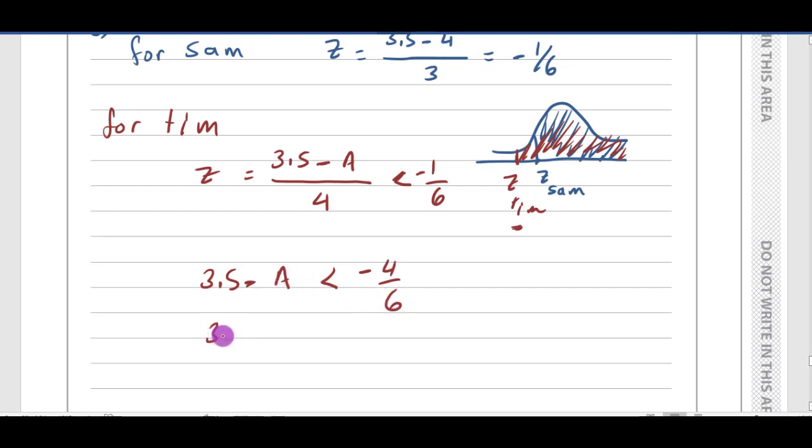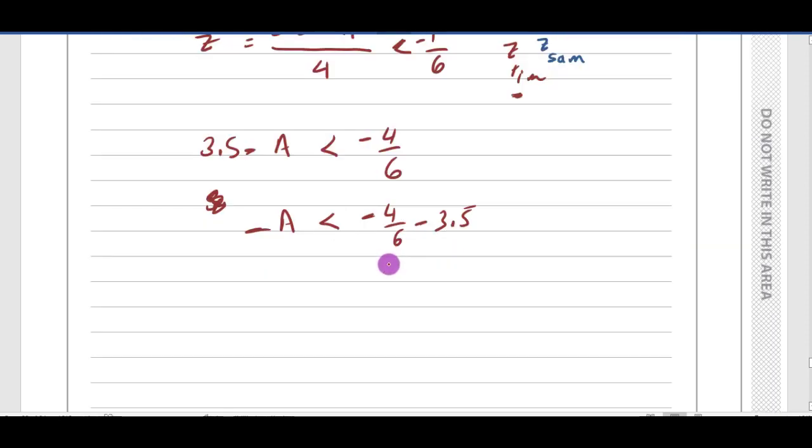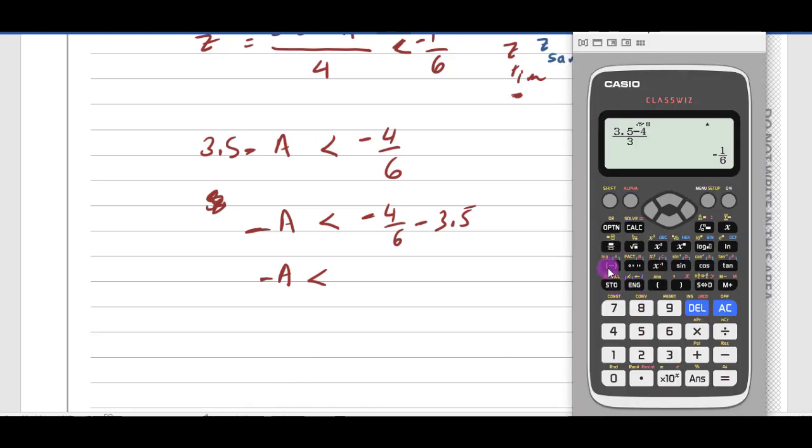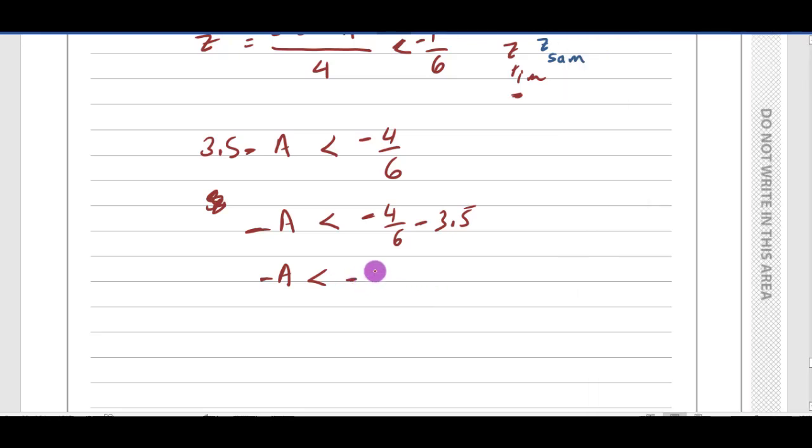Now 3.5, let us now move it, minus A is less than minus 4 over 6 minus 3.5. So it's equal to minus 4.167.